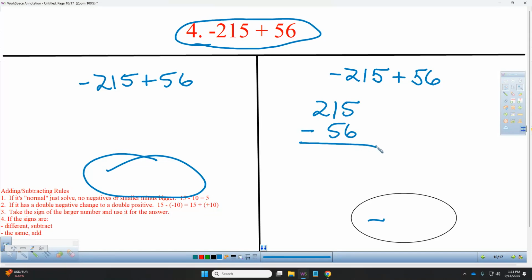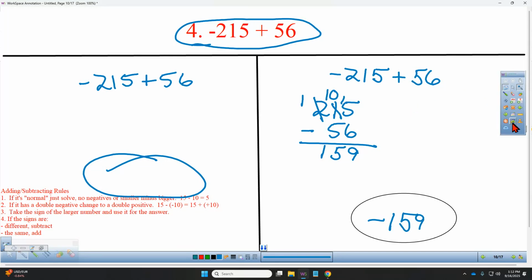And we're going to subtract. 5 minus 6 is, can't do that, so I need to borrow. 15 minus 6 is 9. Can't do 0 minus 5, so we're going to borrow from that. From the 2, sorry. Make that a 1, carry the 1 over, so we have 10 minus 5 is 5. Bring down the 1, put this down with our answer, we get negative 159.